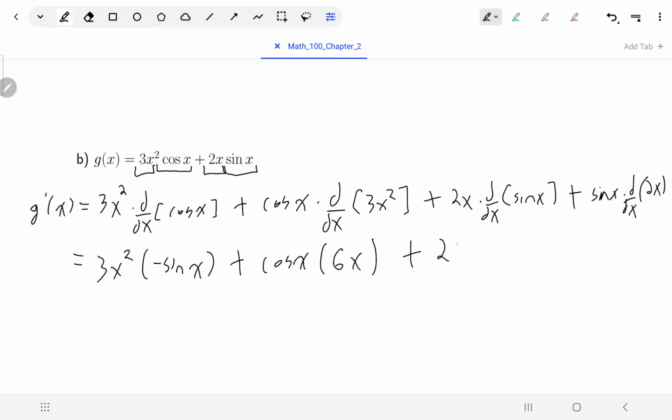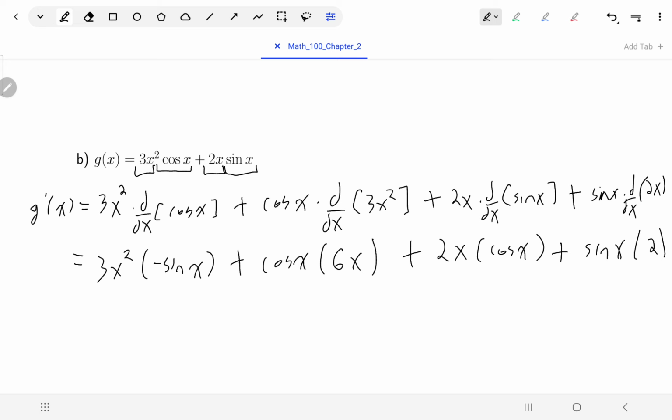For the next term, I've got 2x times the derivative of sine, and the derivative of sine is cosine of x. And for the last term, I've got sine of x times the derivative of 2x. For 2x, the derivative of x is 1, so the derivative of 2x is 2 times 1, which is 2.